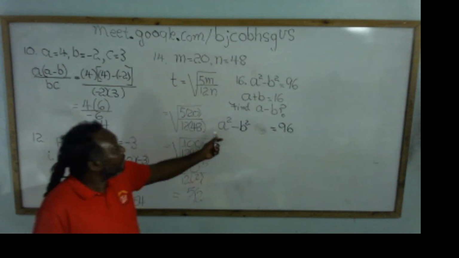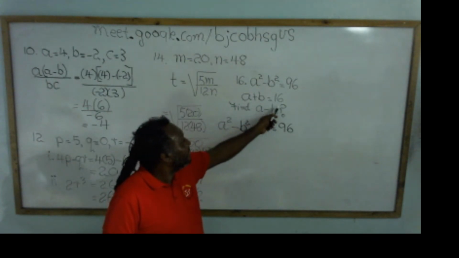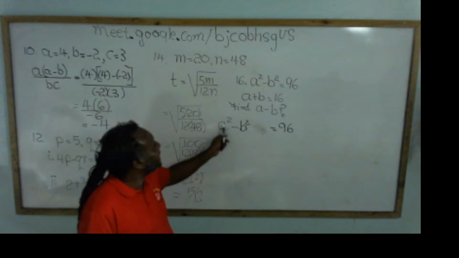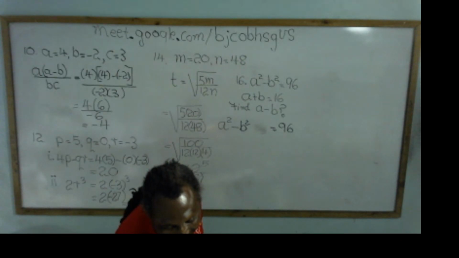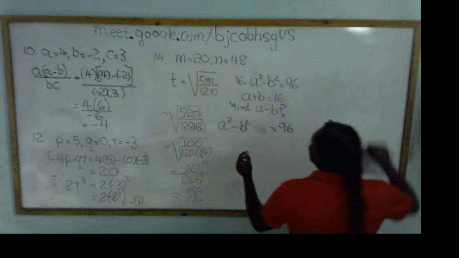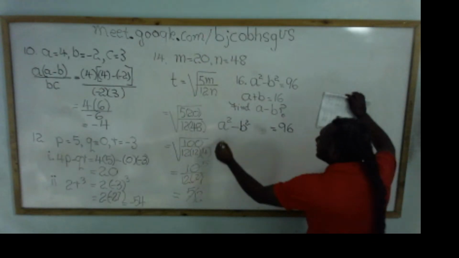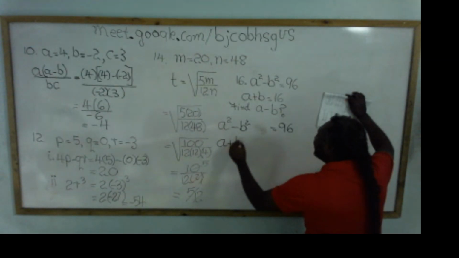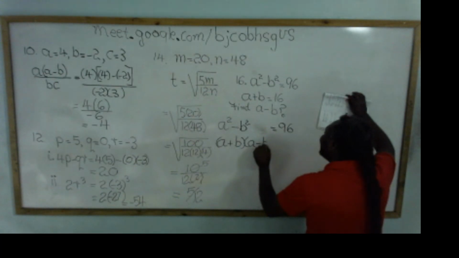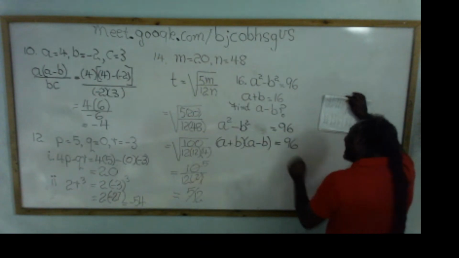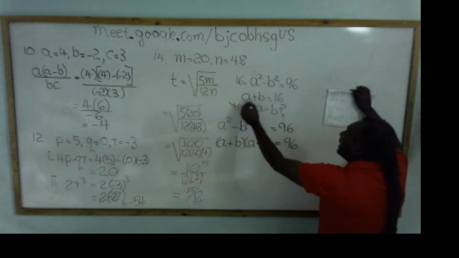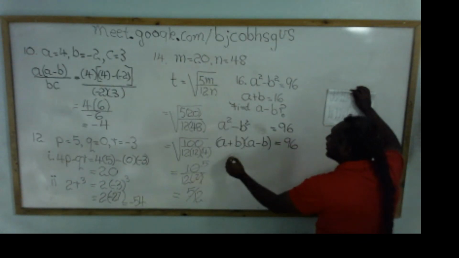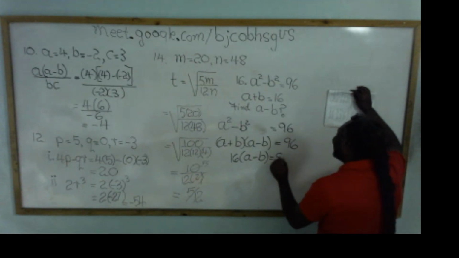All right, students, they're saying that a plus b is 16, and they're saying a squared minus b squared is 96. You know that it is a difference of 2 squares. When you factorize this, you get a plus b times a minus b, and that is equal to 96. Then a plus b is 16, so 16 times a minus b is equal to 96.